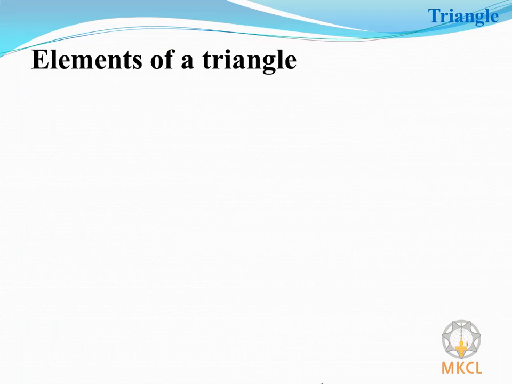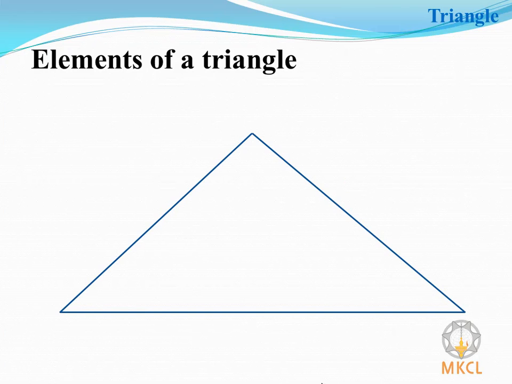Now elements of a triangle. The point where any two sides of a triangle meet is called a vertex of the triangle. A triangle has three vertices A, B and C. These line segments are called as sides of a triangle.